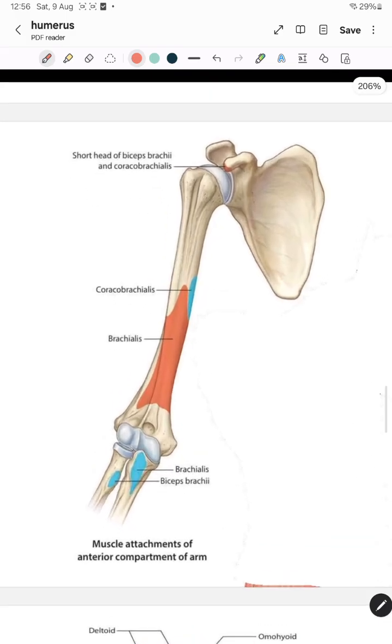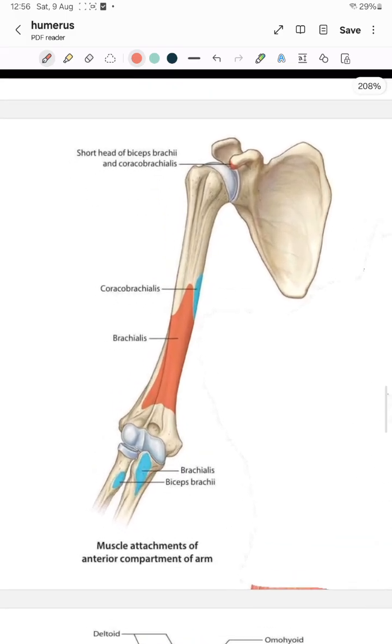These are the attachments on the anterior aspect of the bones. So we can see the coracoid. This is the coracoid process of the scapula. Here comes the coracobrachialis and the short head of biceps brachii.